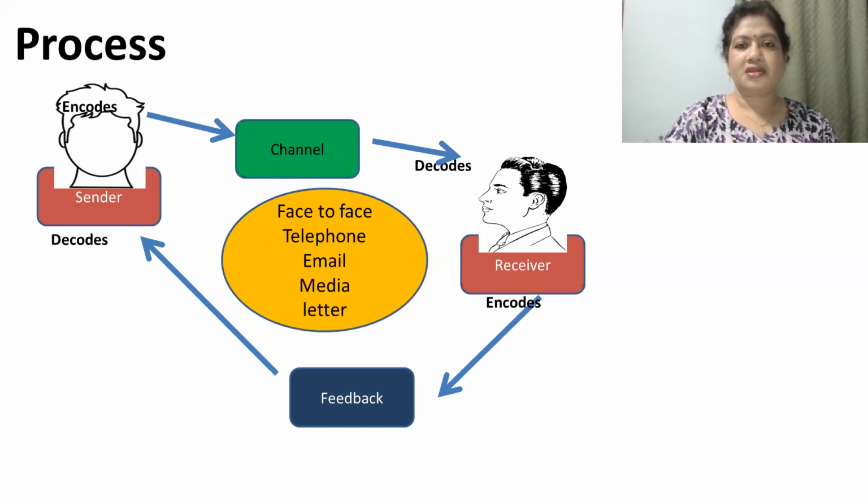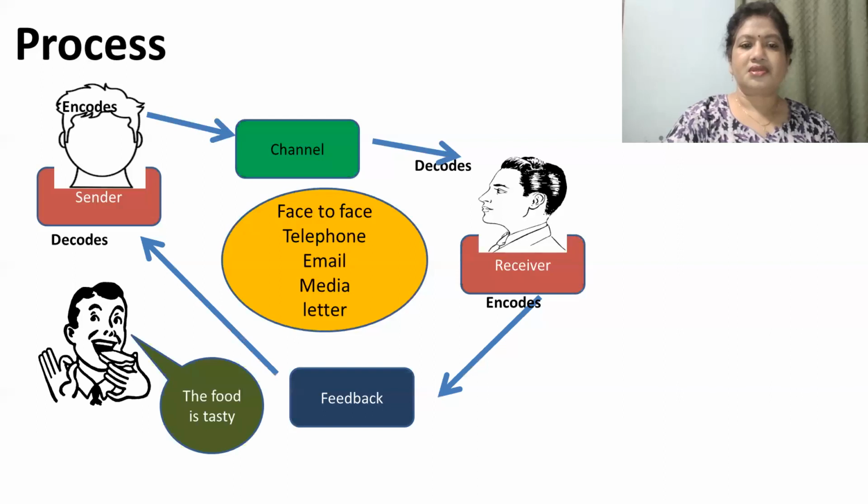I'm just going to explain this with one simple example. Suppose this person is saying the food is tasty. He has said it in simple English; he is the sender, and now it is going to the receiver. The receiver says, "Khana swadisht hai."